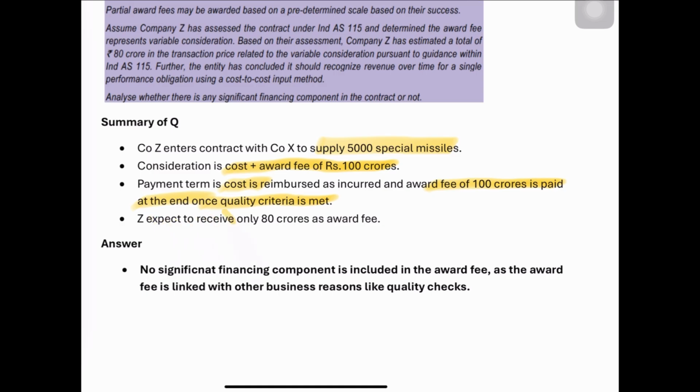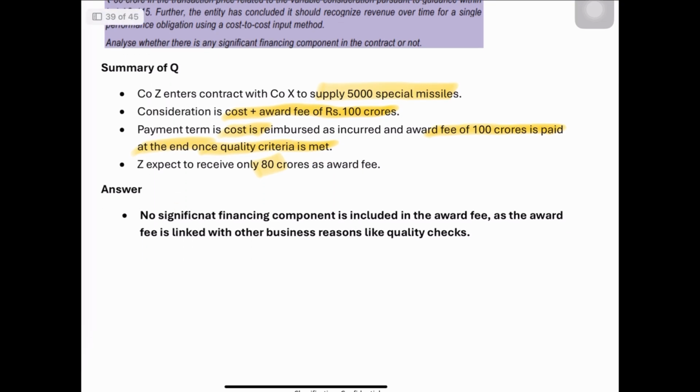But it expects to receive only 80 crore as the award fee, because it expects some quality issues that are not up to the mark, so only at an 80% confidence level do they expect to get the award fee. So here also there is no significant financing component, as the award fee is linked to other business reasons and not with respect to a financing component.